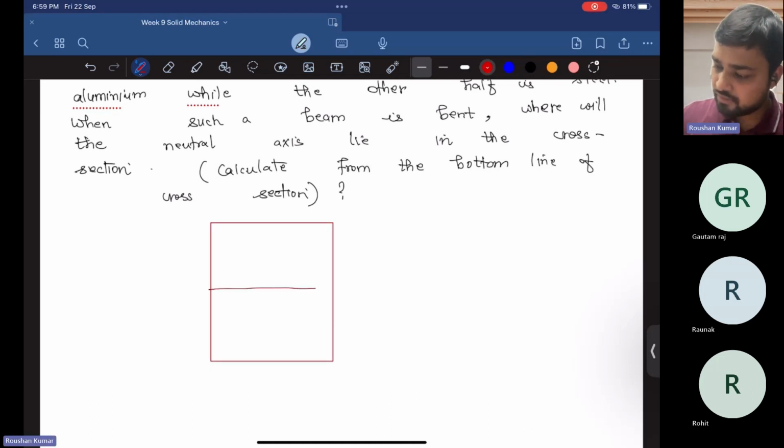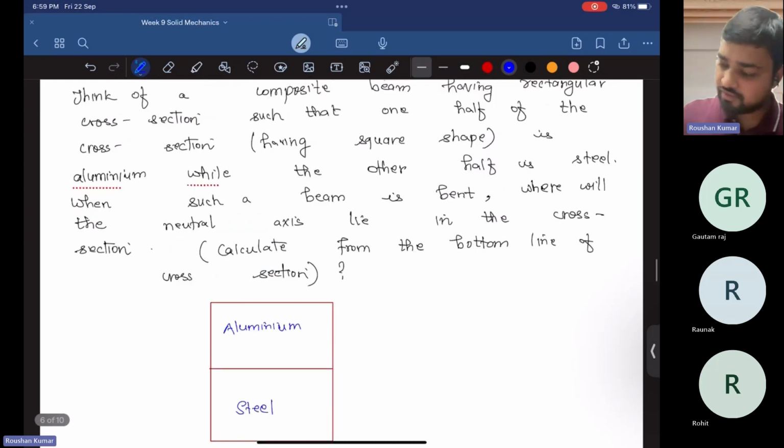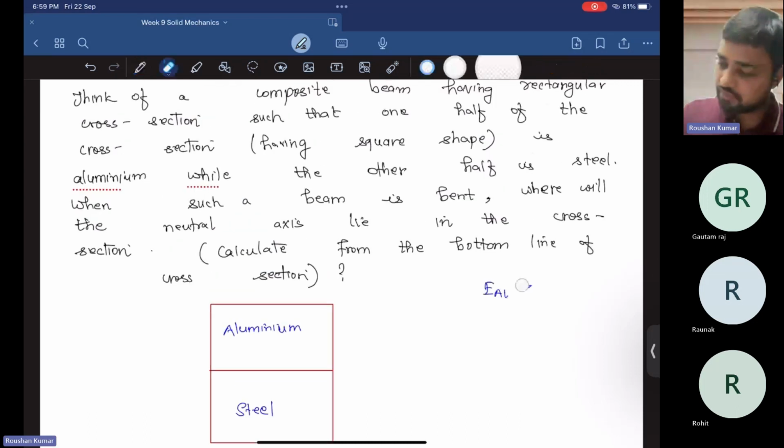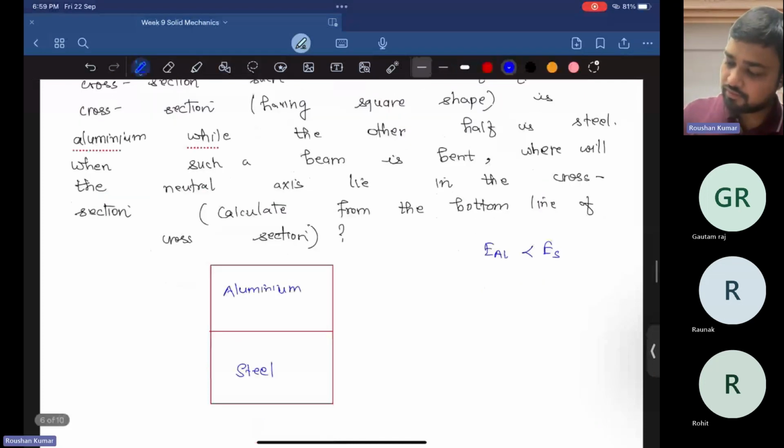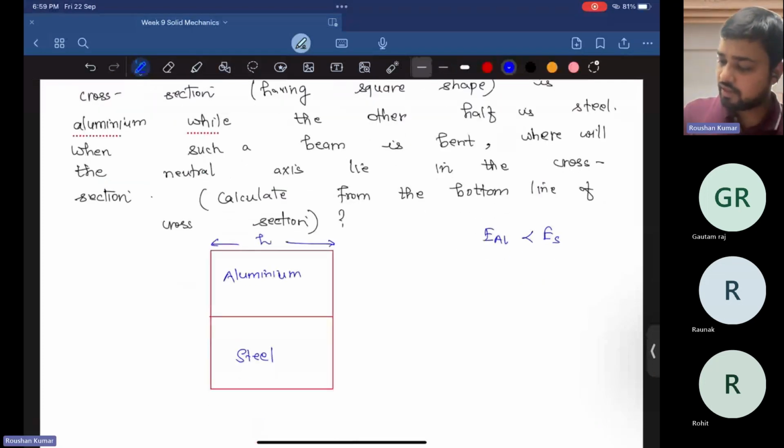The first half is made of aluminium, and the second half is made of steel. And it is mentioned in the question that aluminium Young's modulus is less than steel Young's modulus. And suppose the width of the beam is h and height of the beam is 2h.